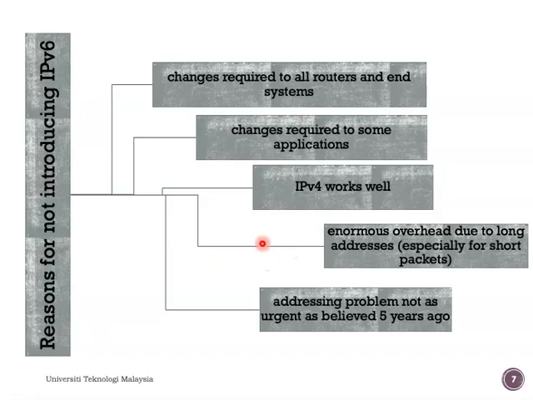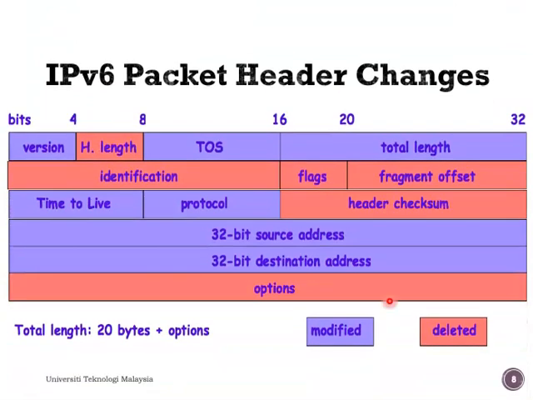But for others, there are other solutions for the problems of address space in IPv4, for example, using subnetting, or dynamic address allocation using DHCP, and also using NAT, which we will learn in the next chapter. So let's look at the IPv6 packet header changes.